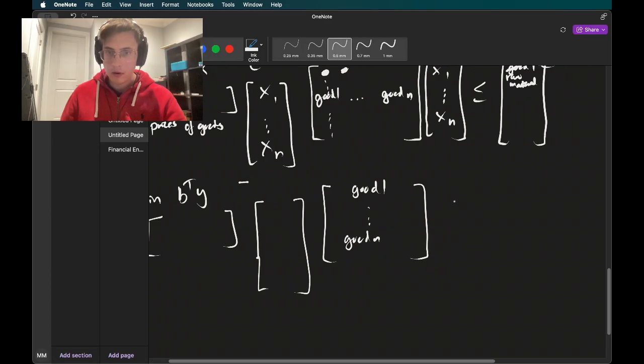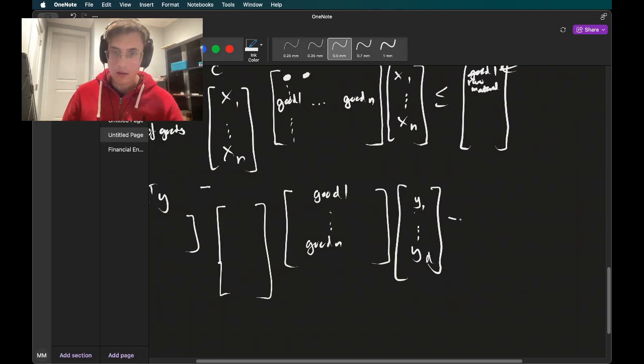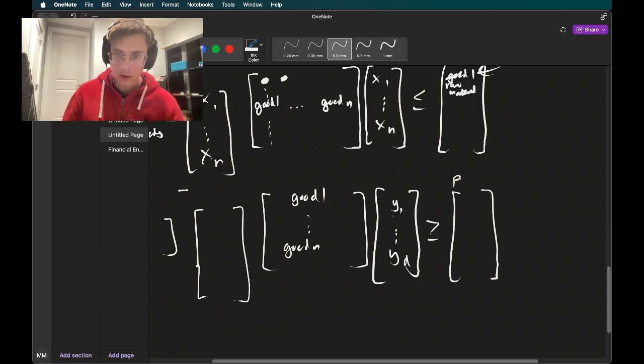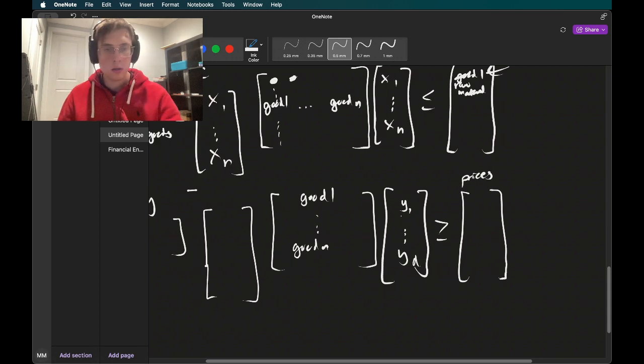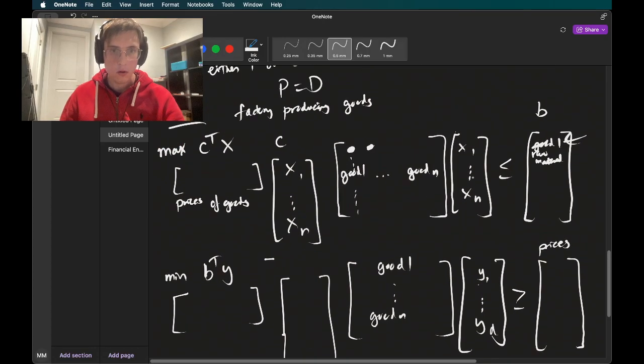Then we have this mysterious y that we haven't talked about yet, y1 to yd. It's not going to be n, it's going to be d because it's transposed. And then here we'll have greater than or equal to the prices. Okay. So here is the understanding of what the dual of this is.